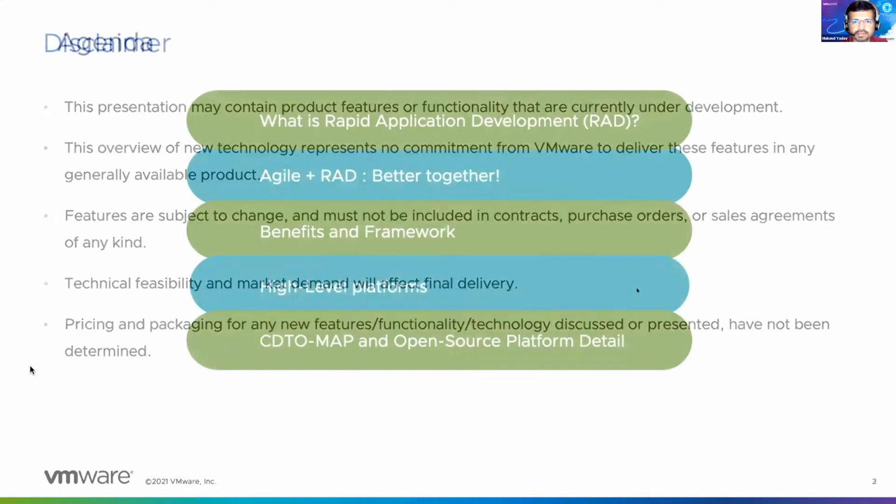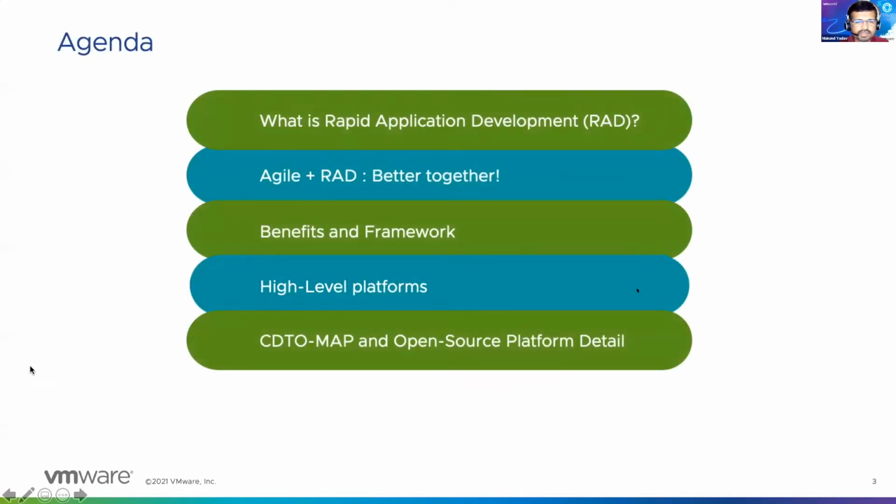So today's agenda: we will look at what is rapid application development, what is the difference between agile and rapid application development, and how both in conjunction are going to help us. We'll look at the benefits and framework, high-level platforms, and the CDTO MAP.